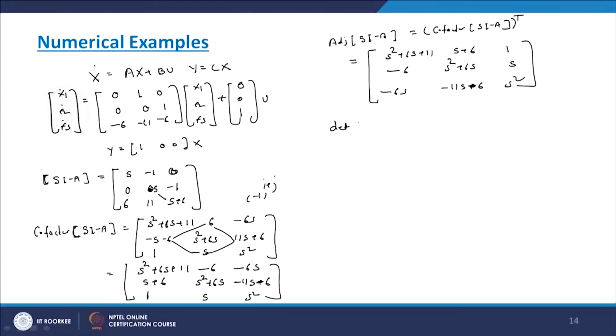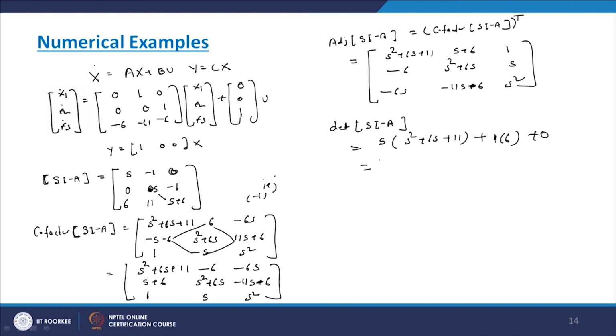Now, the next step is to calculate the determinant of sI minus A. So, how do we calculate the determinant? It is s into s square plus 6s plus 11, and about this element, which is 0, all the elements concerned with it will come as 0. We get s square plus 6s plus 11s plus 1 into 1.